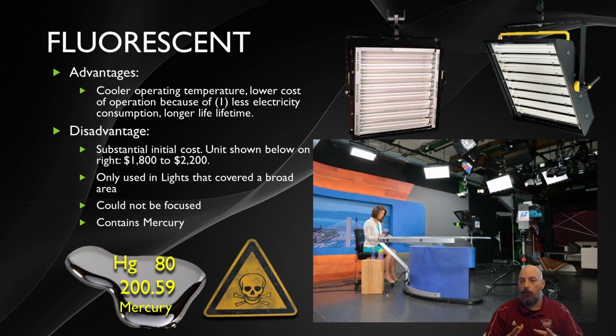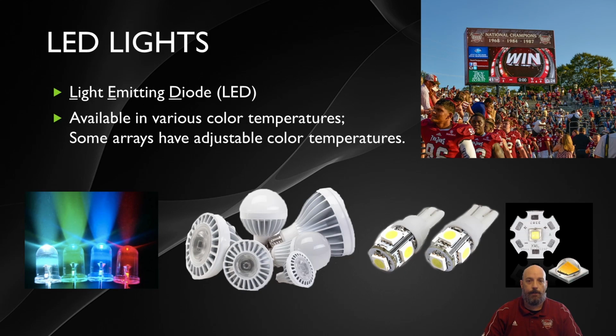So if a bulb breaks, manufacturers recommend that you leave it alone and you get proper equipment to handle the broken glass, and any dust or vapor that may have settled. They don't want you immediately taking a broom and trying to clean up, because you're going to stir up the mercury vapor, and that could lead to health issues. And so because of this, a lot of fluorescent lights are starting to be phased out, and newer technology like LEDs, which I'm going to talk about in a moment, are taking over their place.